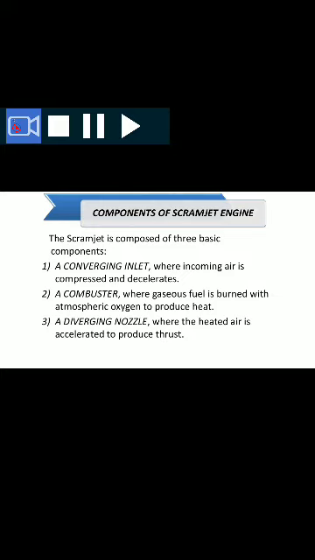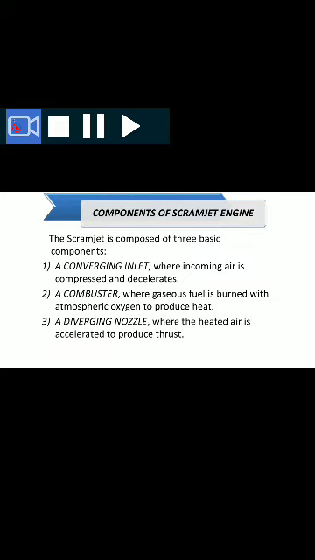Next, components of the scramjet engine. The scramjet engine basically has three components. One, a convergent inlet, where the incoming air is compressed and decelerated in the converging part.